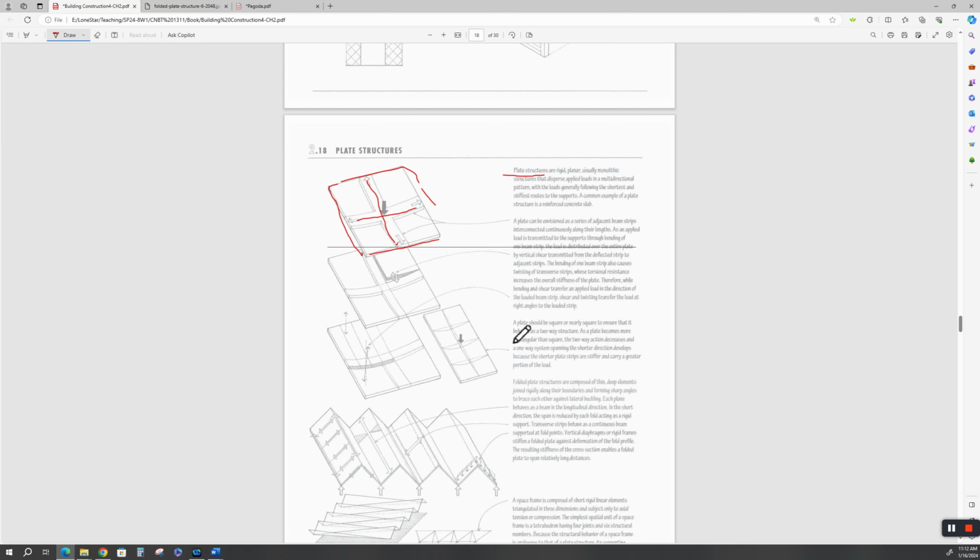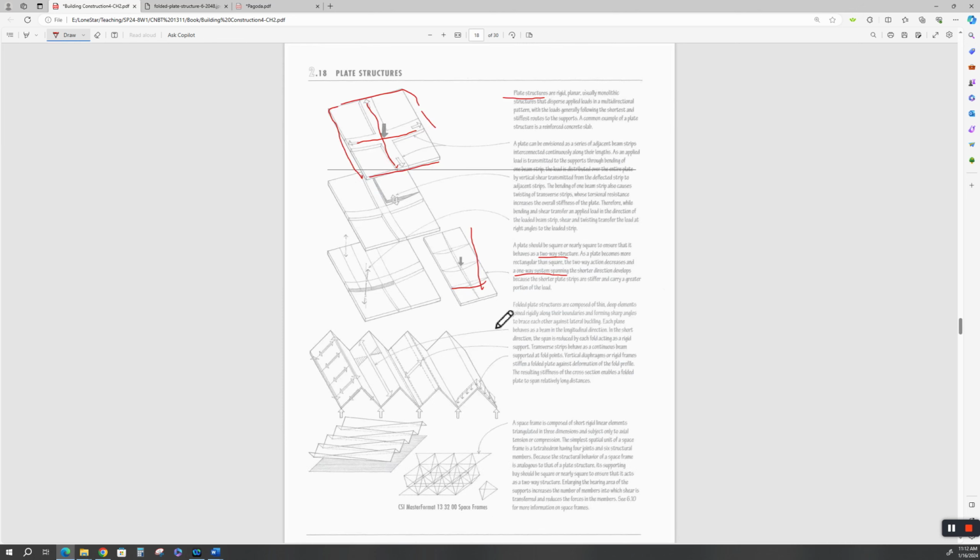Or rectangular even, but the more rectangular it is, the longer it gets down the long side, the narrower it gets on this side. It's a two-way slab if it's square, but if it's rectangular, it becomes a one-way slab, and that takes care of other structural issues.